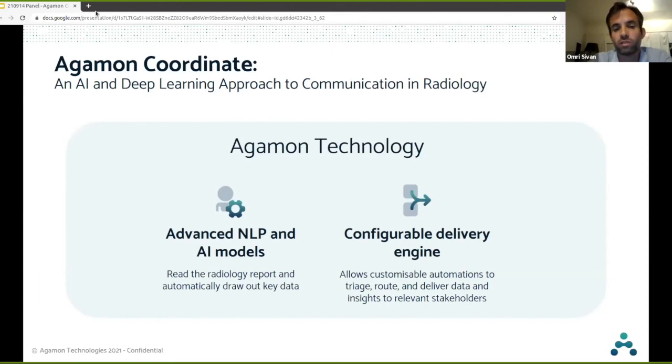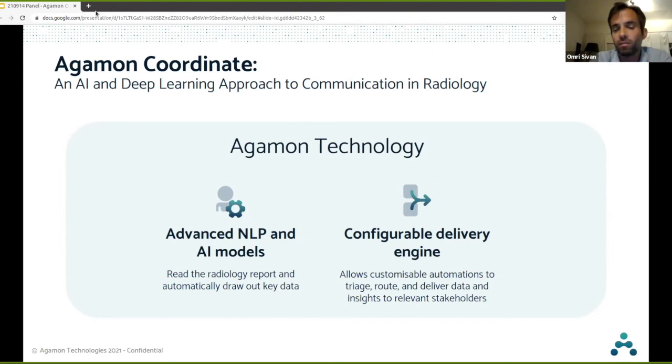These models and engines are able to extract key clinical information, such as follow-up recommendations and their accompanying attributes, and turn this free text into something structured that we can build a platform around, which provides insights and information to all the stakeholders around it.